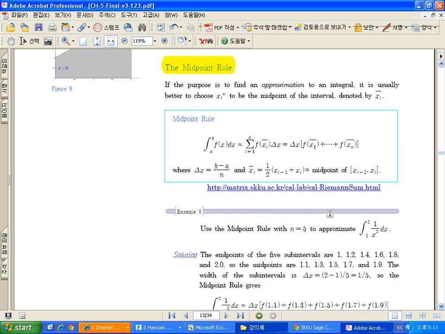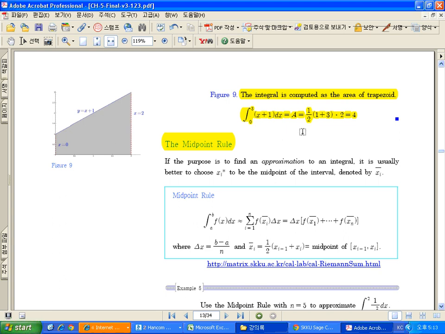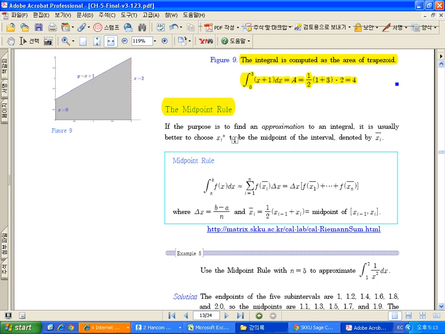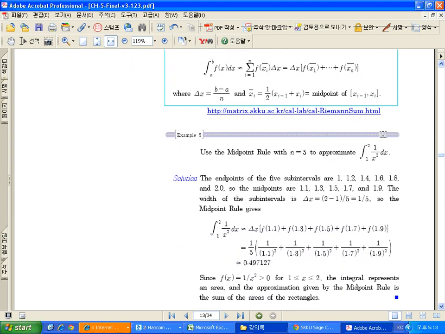This graph shows the area like this. And since we know from here, the area can be found by dividing into a rectangle and triangle and adding them. So there are many ways if you know the graph.